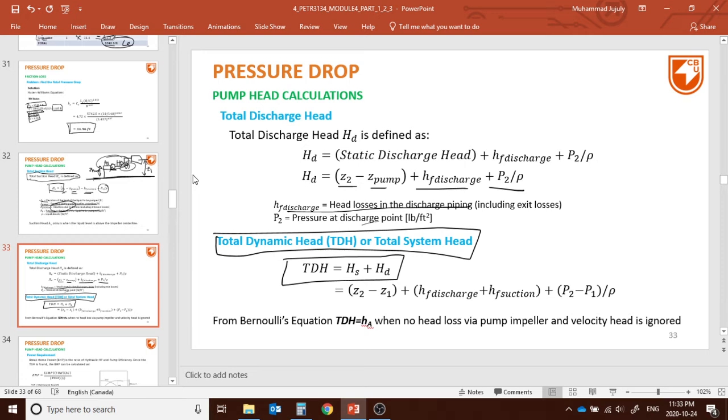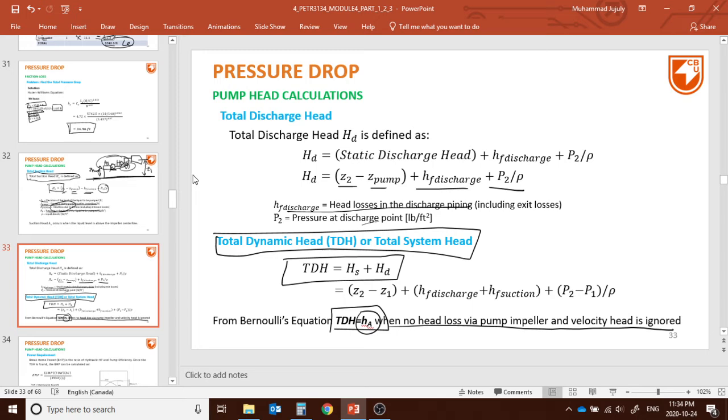So you remember the Bernoulli's equation HA that I just showed you? That is the TDH, when there is no head loss in the pump via the impeller and the velocity head is ignored.